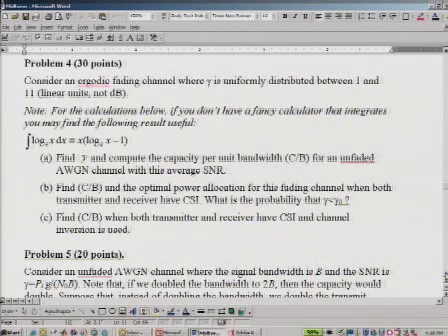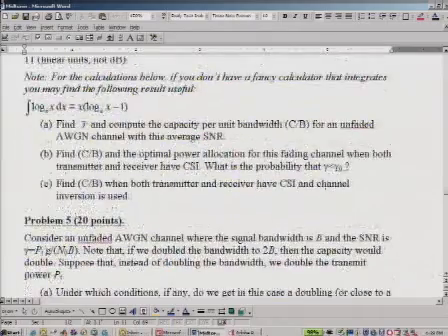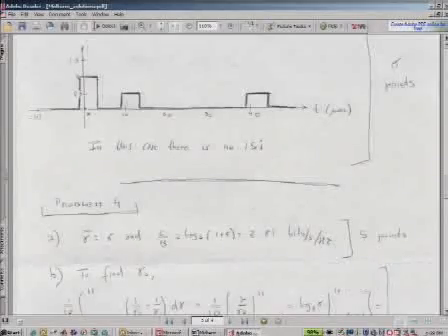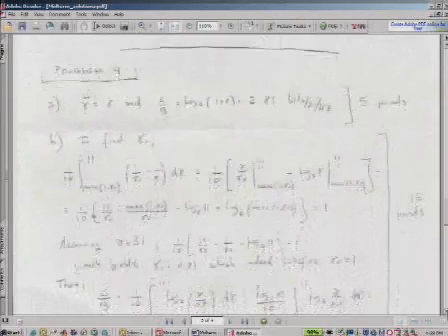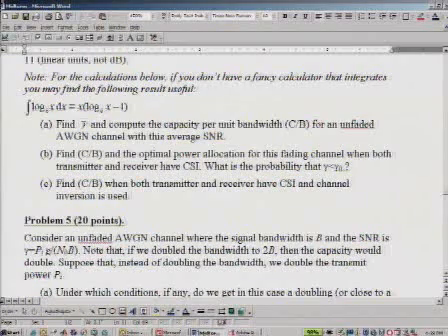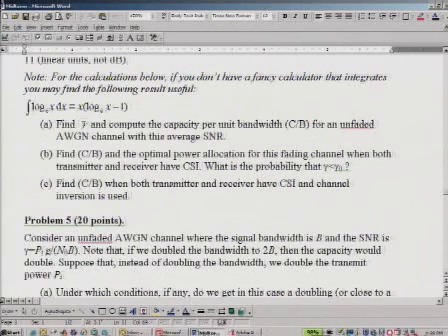So the first question is to find the averages in R. This one is very easy. We are told that the fading distribution looks like this. This is the PDF of gamma, the probability.